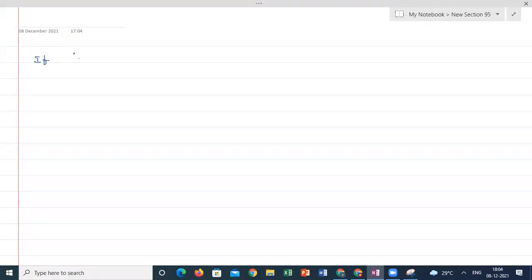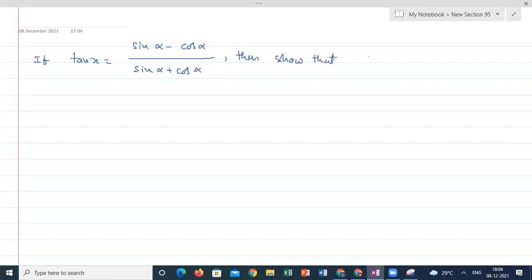If tan x will be equal to sin alpha minus cos alpha divided by sin alpha plus cos alpha, then show that cos alpha is equal to root 2 cos x.